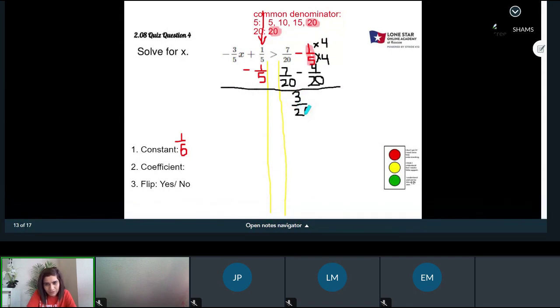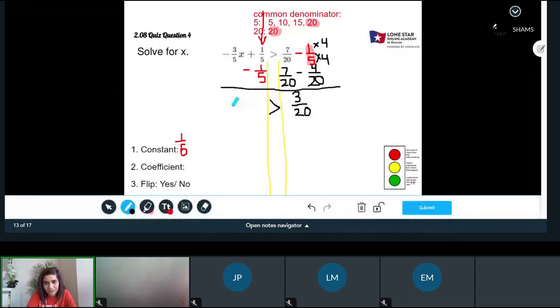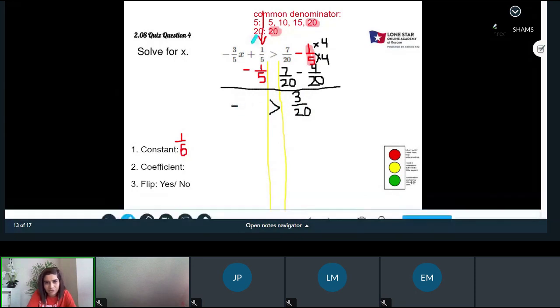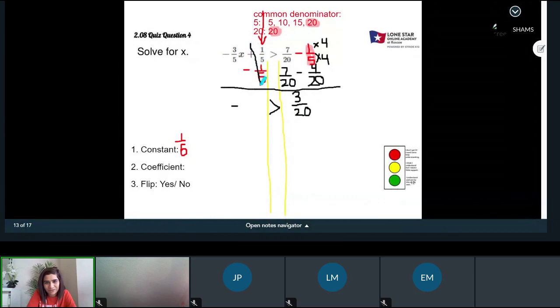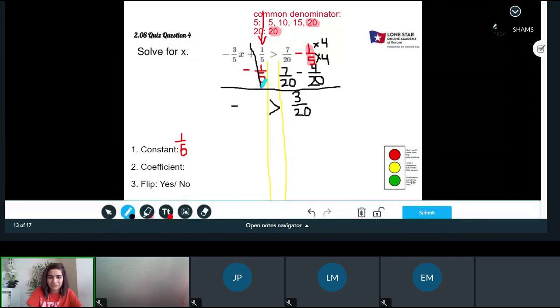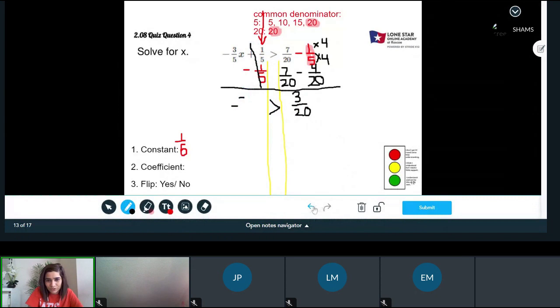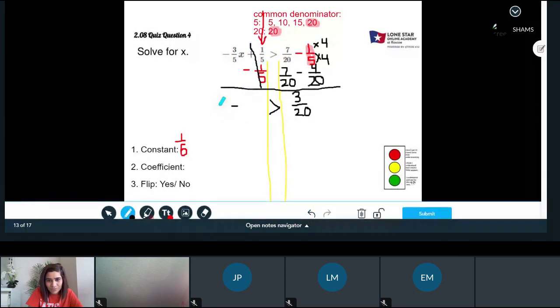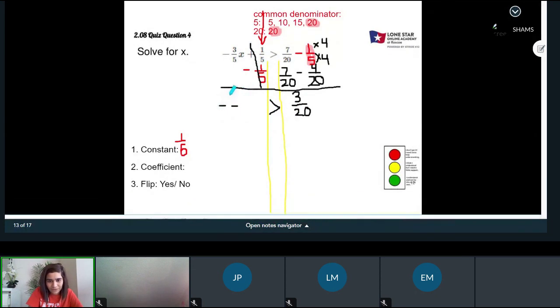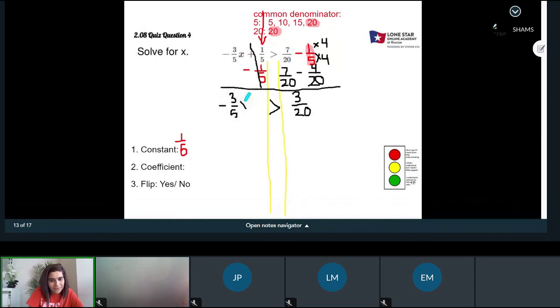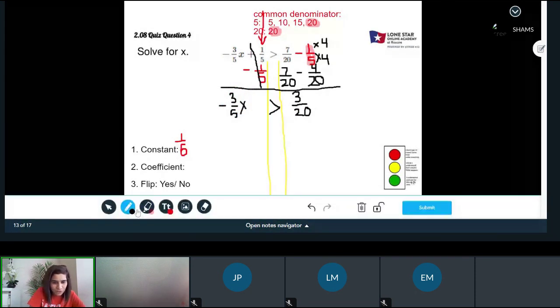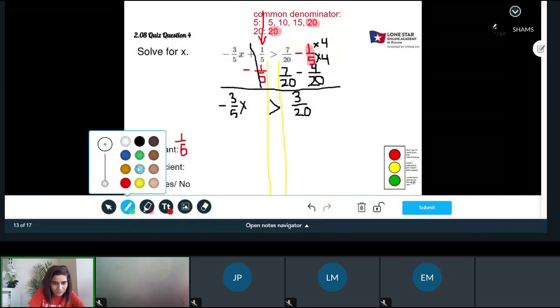And I will keep the sign. There's a greater than sign. And my other part that remains, plus 1/5 and minus 1/5 is a 0. And I am left with negative 3/5 x. I am going to space that out. Negative 3/5 x. And let's see the coefficient in this question in green.